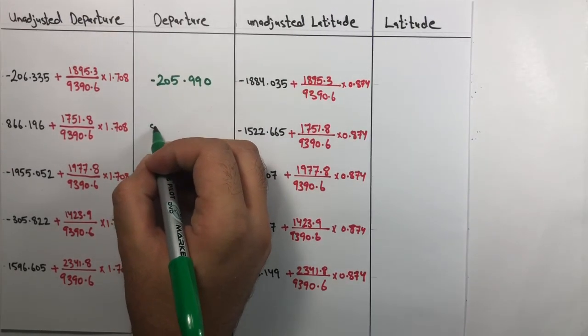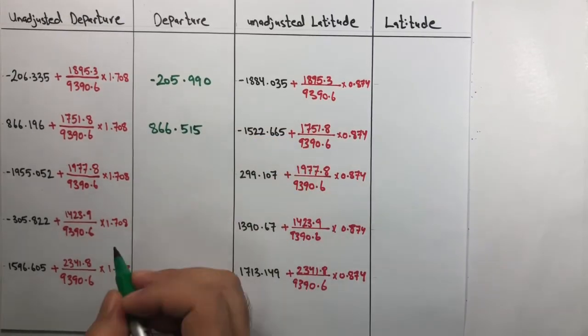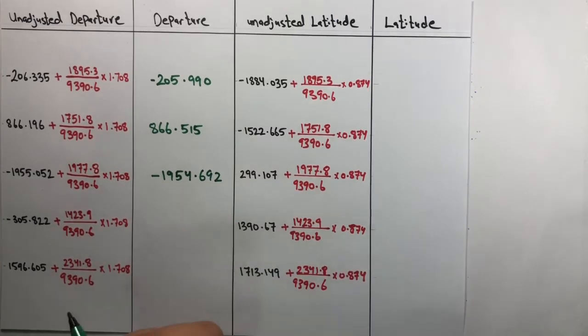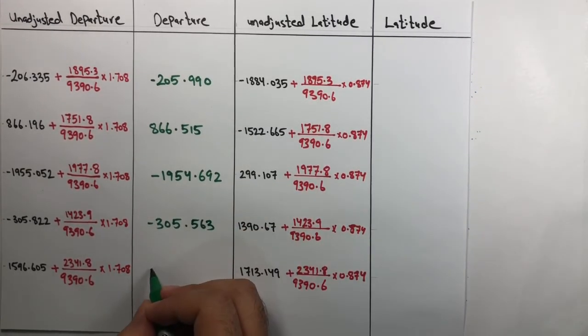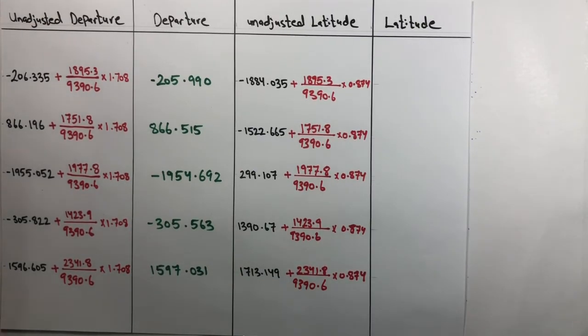Here we'll be getting 866.515. Negative 1954.692. Negative 305.263. 1597.031. You can do the calculations by yourselves.